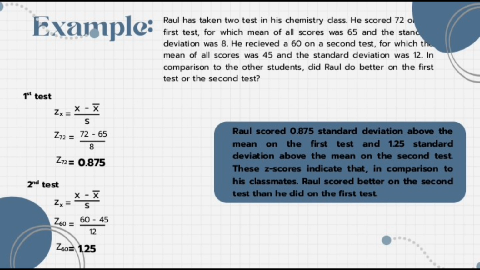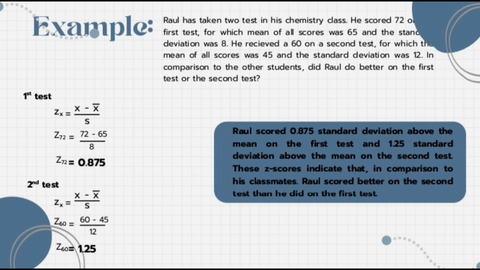From the given situation, the data value was 72 minus the mean, which was 65, divided by the standard deviation 8. 72 minus 65 is equal to 7, and 7 divided by 8 is equal to 0.875. So the z-score of Raul in his first test is 0.875.